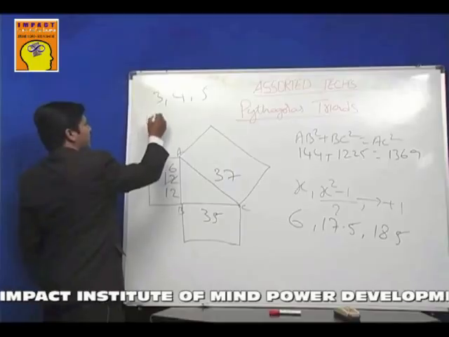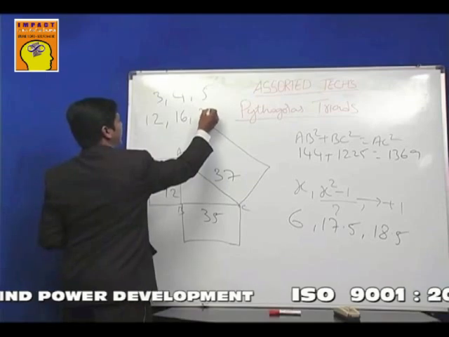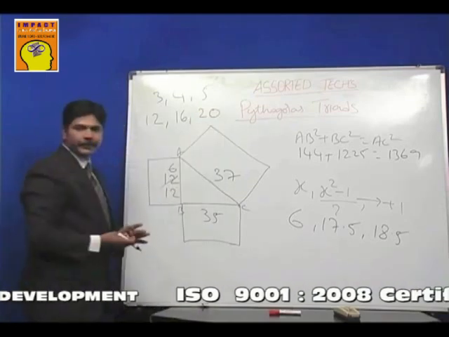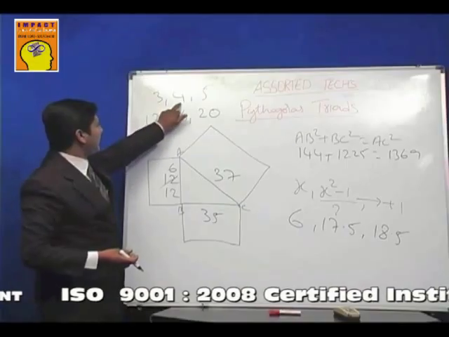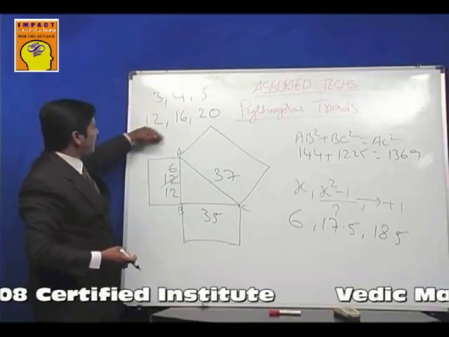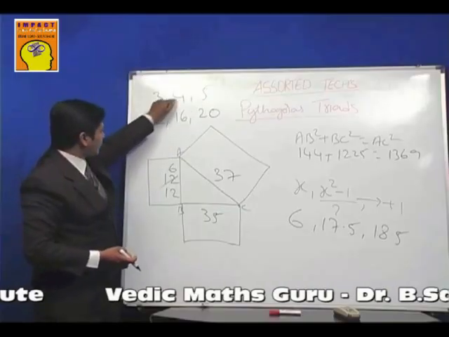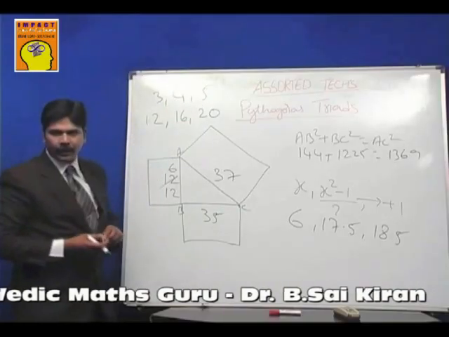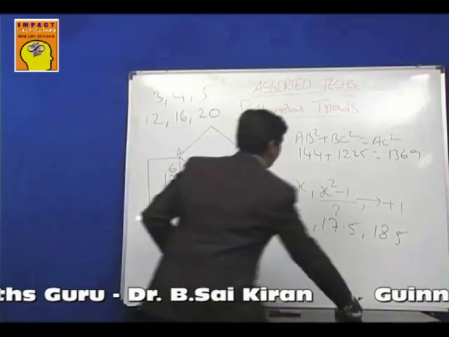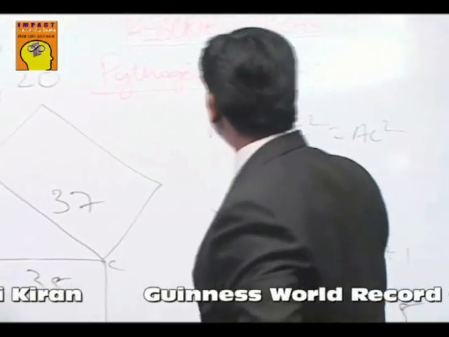So 3 into 4 is 12, 4 into 4 is 16, and 5 into 4 is 20. So you have to multiply all of these by 4. Now let's see by substituting this in the equation.